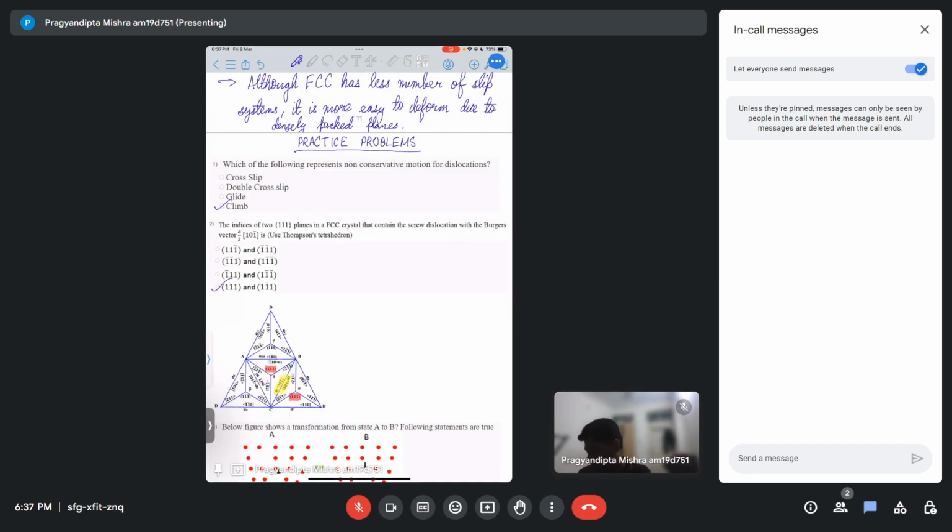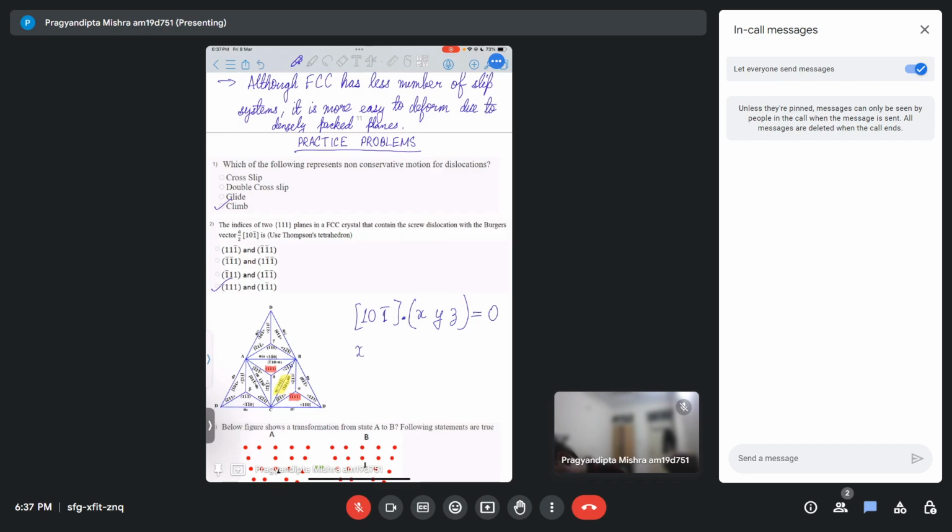Option D, right? Because 1 bar 1 bar is parallel to 1 bar 1. But if you want a clearer answer, or want to be sure whether your answer is right or wrong, you can take the dot product of 101 bar with something x, y, z, which should be equal to 0.